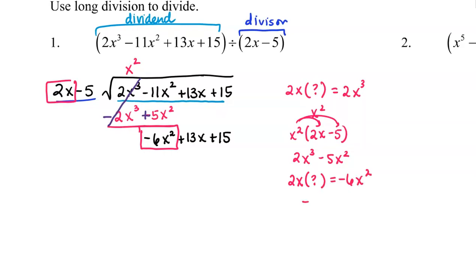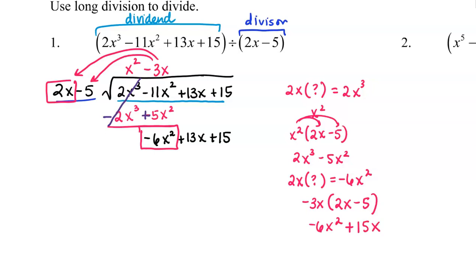And we have to multiply by a negative 3x. That negative 3x goes on top, and that negative 3x gets multiplied by the entire divisor of 2x minus 5. I'll distribute this to get a negative 6x squared plus 15x.